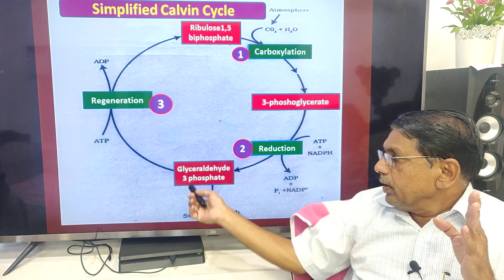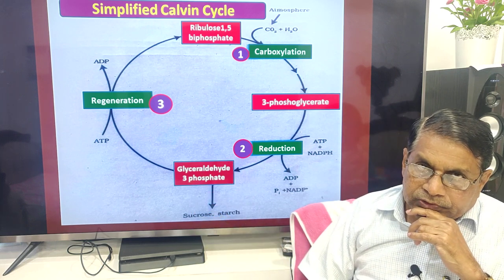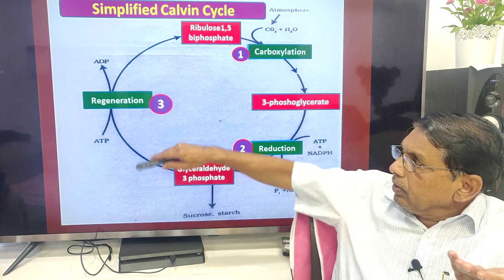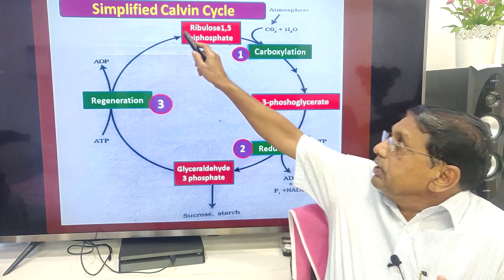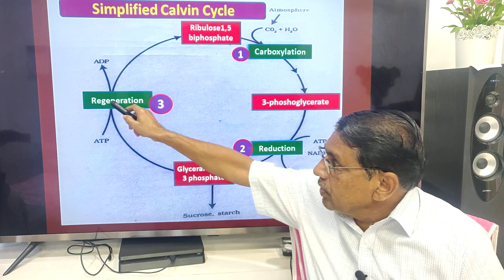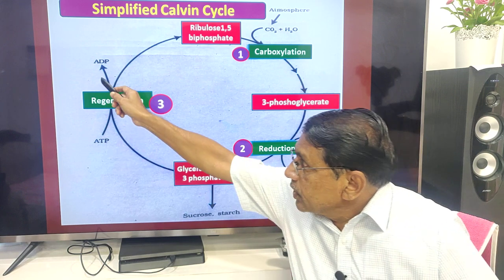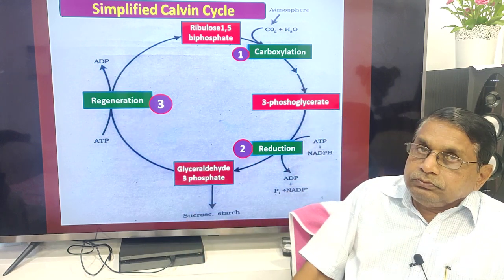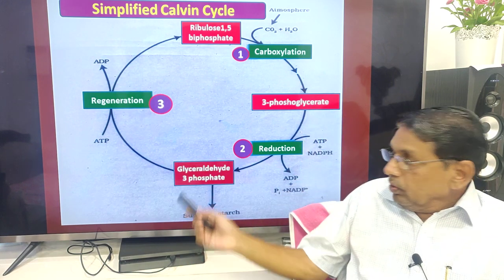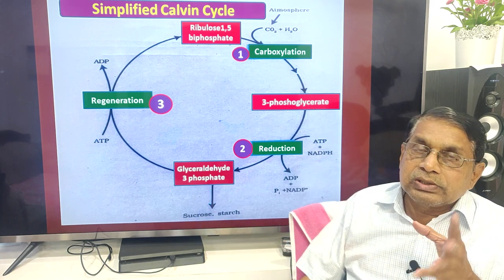Only 1/6 of the glyceraldehyde 3-phosphate is utilized for sucrose. The remaining 5/6 are utilized for the regeneration of ribulose 1,5-bisphosphate. This is called regeneration. For this, ATPs are required. So only 1/6 of the glyceraldehyde 3-phosphate is utilized for glucose synthesis.